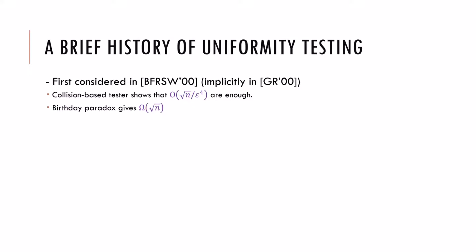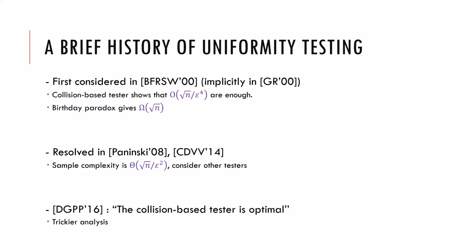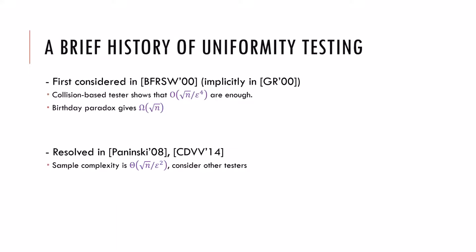So the dependency on n is quite clear right from the beginning, but the dependency on epsilon, the proximity parameter, remained a mystery for roughly 10 years, until a paper by Paninski in 2008 showed a lower bound of square root of n over epsilon squared, and a matching upper bound, but not for every value of epsilon, rather only for large enough values of epsilon.